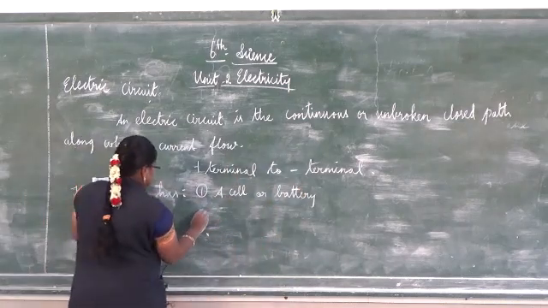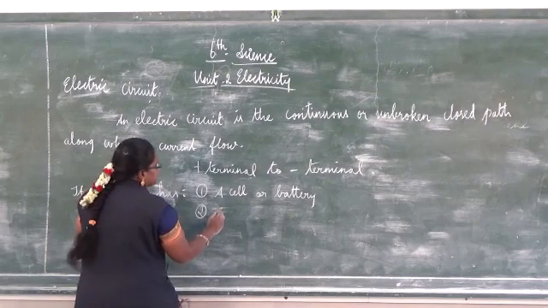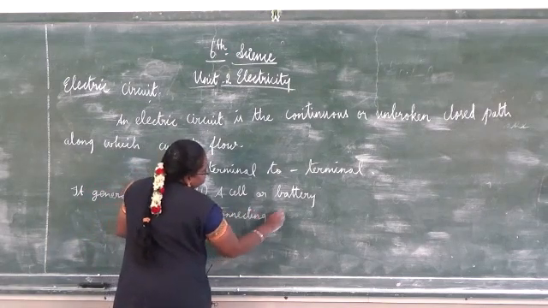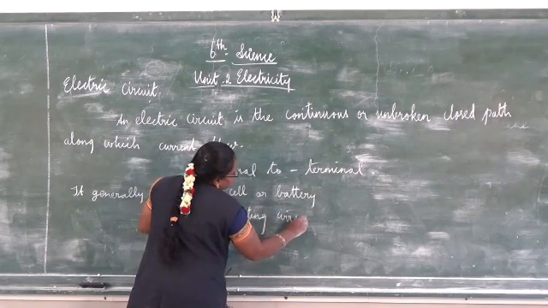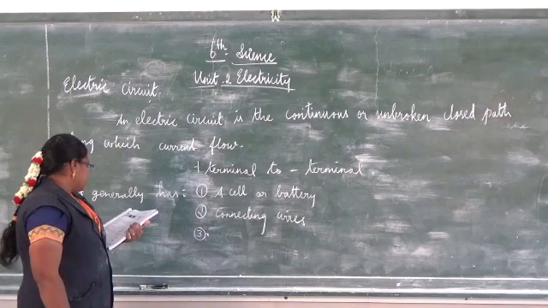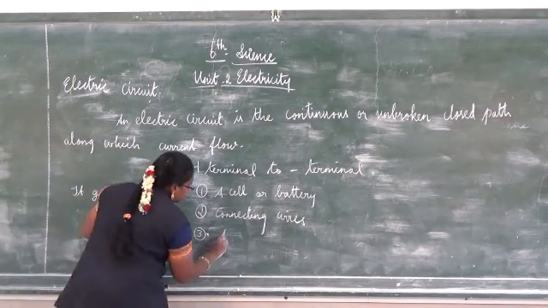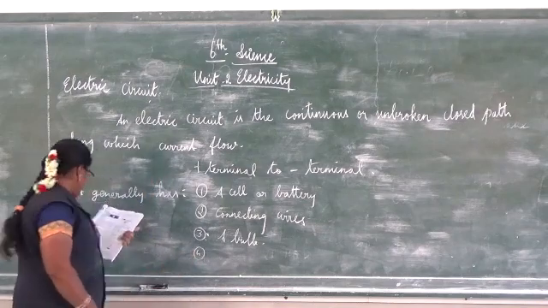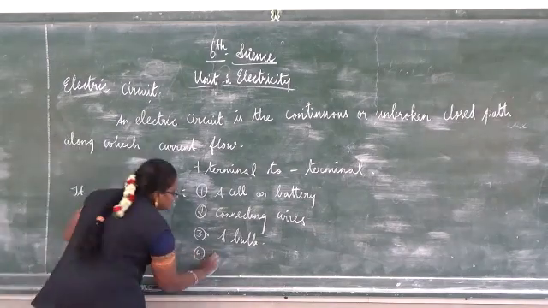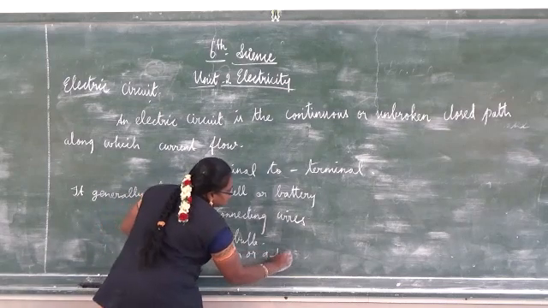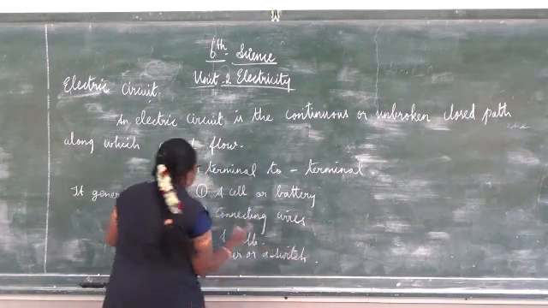Next, it should have connecting wires. Thirdly, it should have a bulb. Fourthly, it should have a key or a switch.